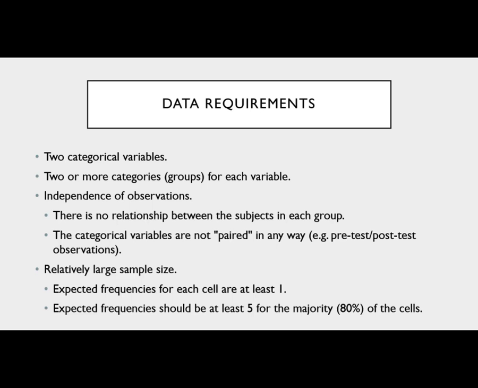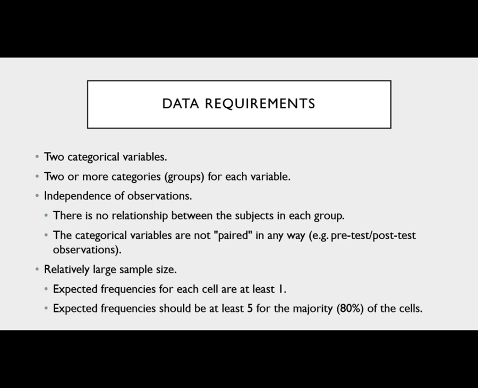Is there an association between gender and political party? We're going to do one from the book, but it's two categorical variables, with two or more categories or groups for each variable. So I could do gender and political party and do Democrat, Republican, and independent. I can have one with 2 and one with 3. I can have one with 3 and one with 4.